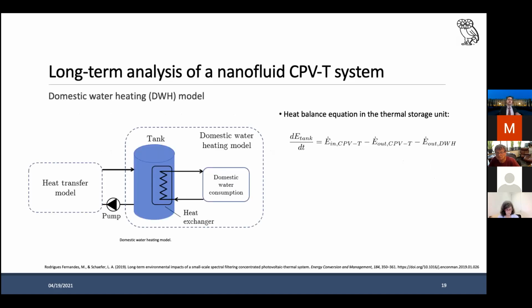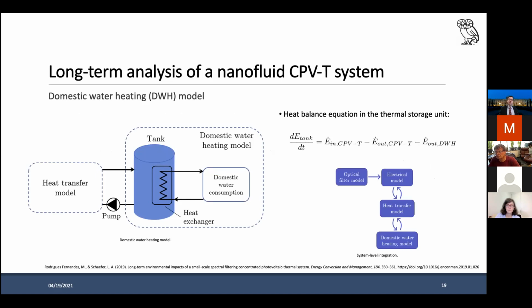We integrated the heat transfer model that I just described to a domestic water heating system containing a water tank, a pump, and a heat exchanger. An optical filter model based on the absorption efficiency equations that I just showed is input to the photovoltaic model and integrated to the heat transfer and domestic water heating models.